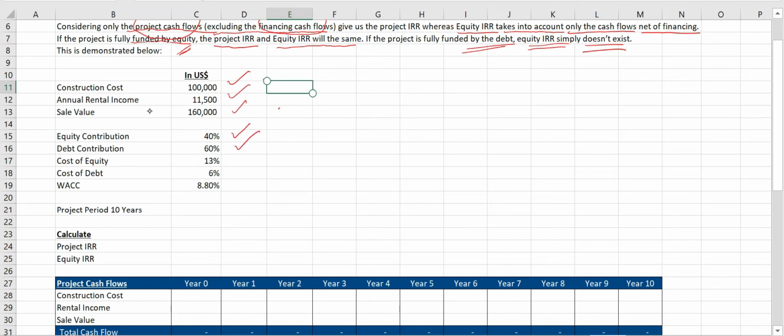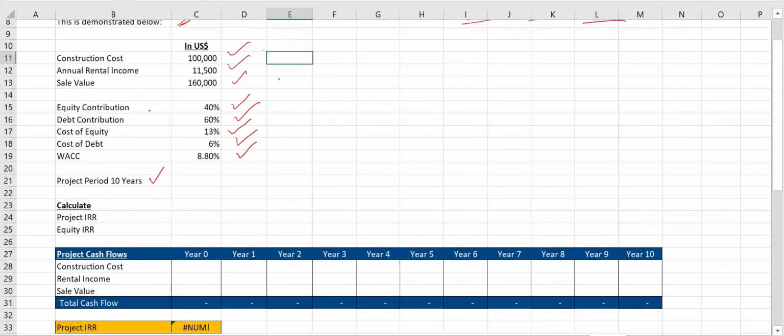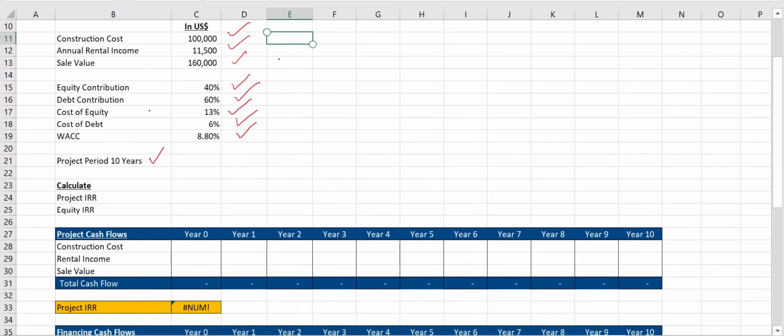The cost of equity will be 13%, cost of debt is 6%, and the weighted average cost of capital, considering the equity and debt, will be 8.8. The project period is 10 years. So you need to calculate the project IRR and equity IRR.